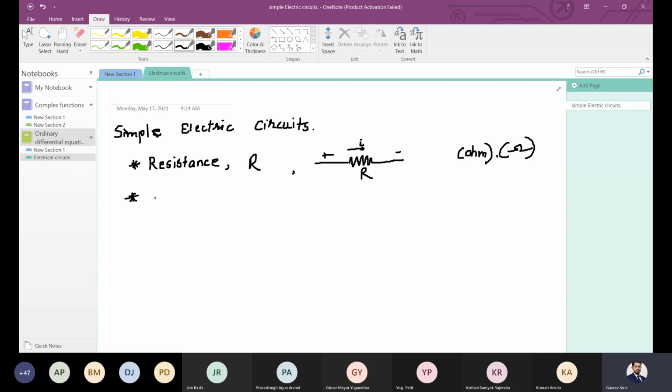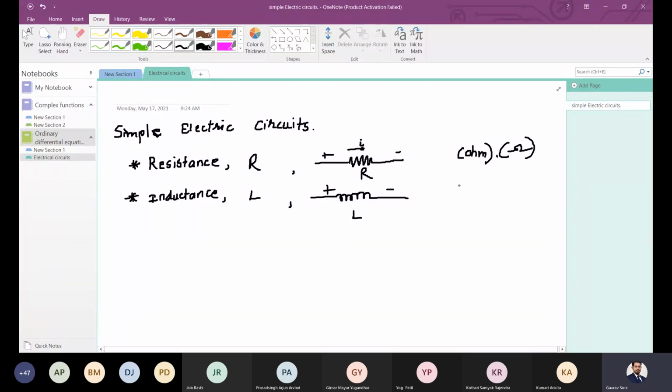Then inductance, the symbol capital L. Diagrammatically it is denoted like this. This is L, positive, negative.